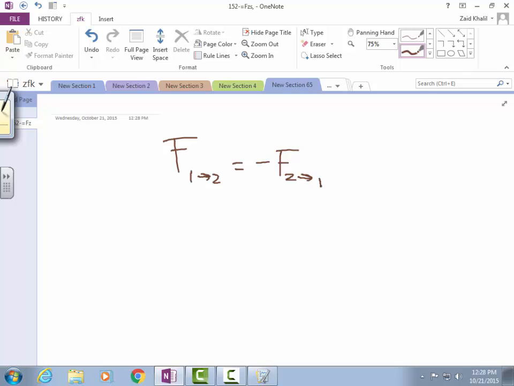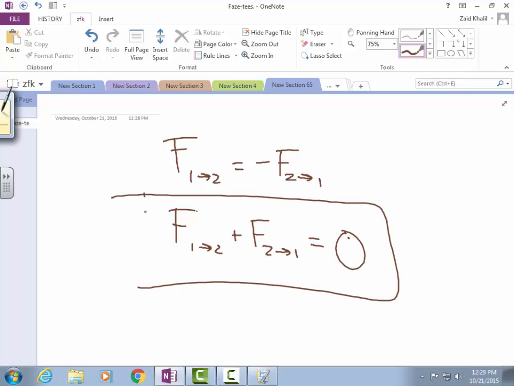Here's your two bodies. So F of 1 on 2 plus F of 2 on 1 equals 0. What does this mean? This means if you take a system of two bodies and encapsulate it, and ask yourself what the sum of the internal forces is, you would get 0.